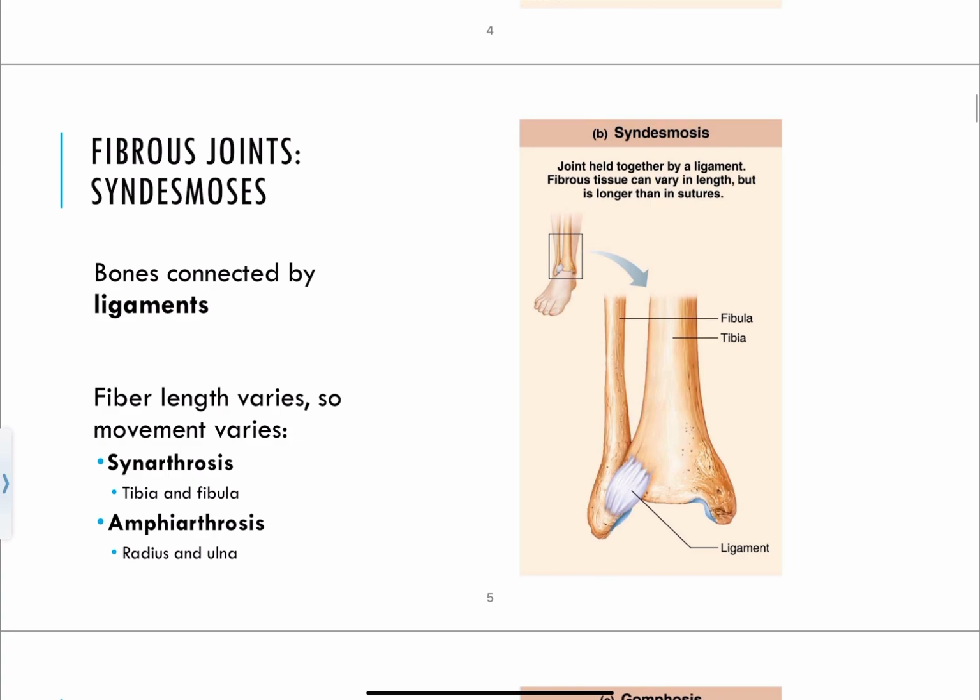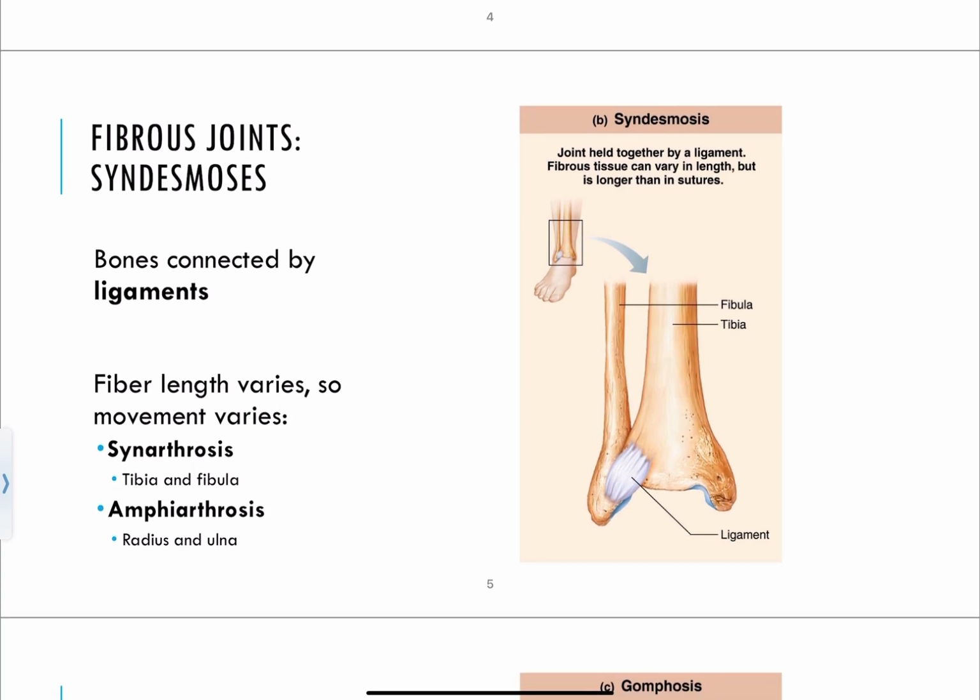Our second type of joint is syndesmoses. And these are going to be the bones that are connected by ligaments or bands of fibrous tissue. That's basically what a ligament is. However, its movement is going to vary depending on how long the fibers that are connecting the bones are.